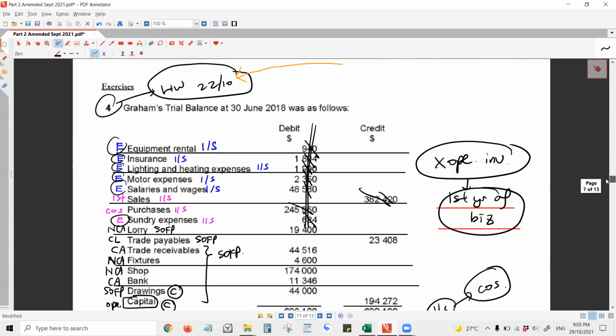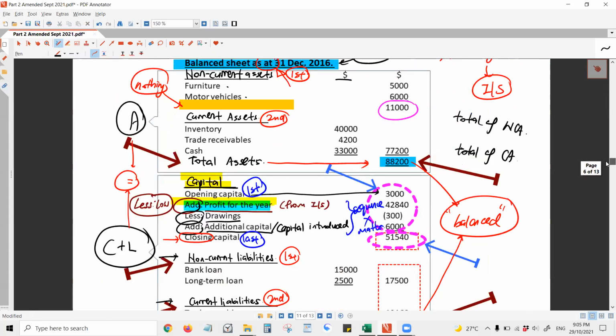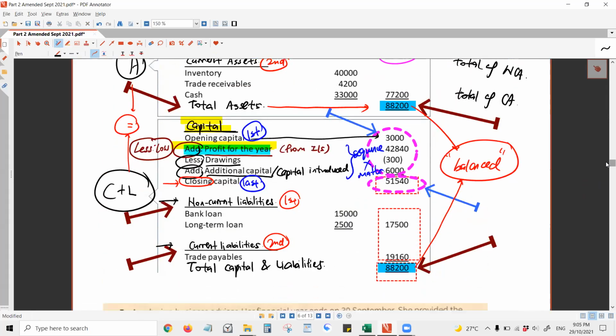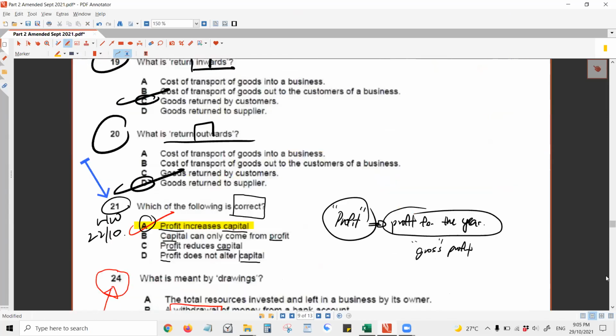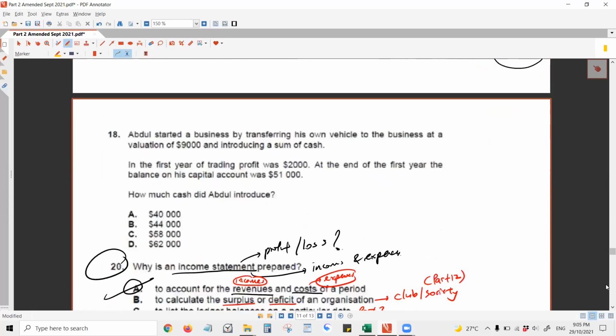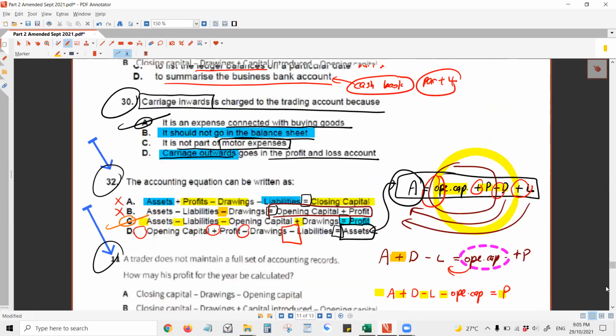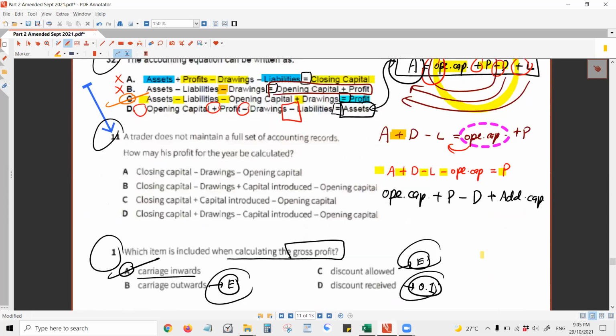I show you. When you were doing the sample with me, I've written here, capital introduced, same as additional capital. Okay. And then equal to closing capital.